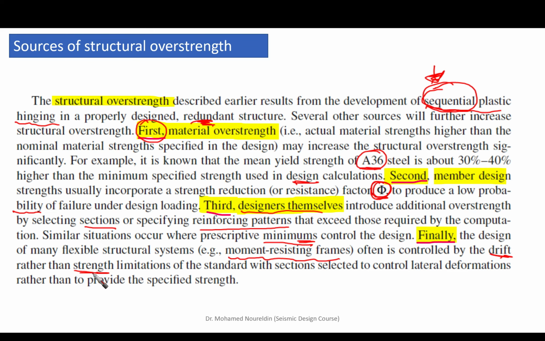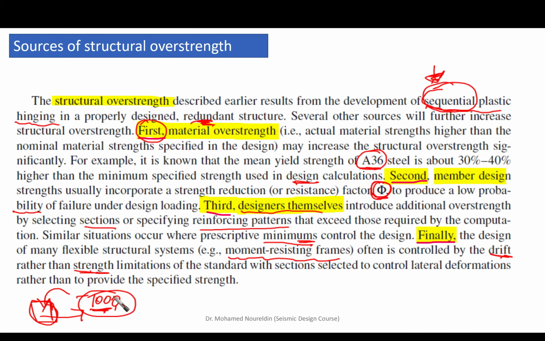I mean that if you design for a limit of 100, for example, or 1000 kilonewton, you are going to find that there is another limitation that would control your system before it reaches even this 1000, which is the drift control, the stiffness control.